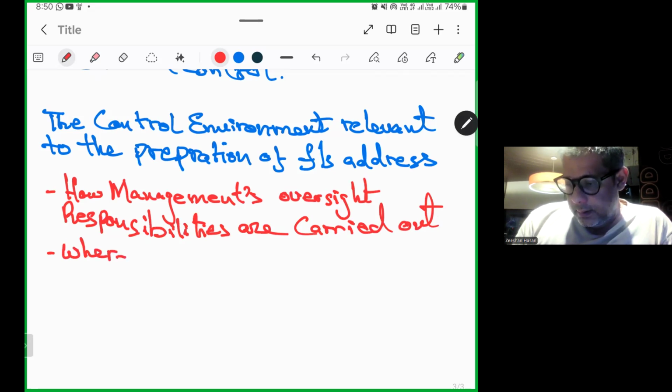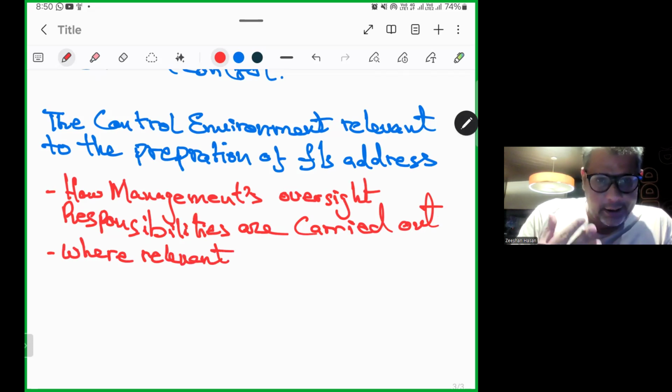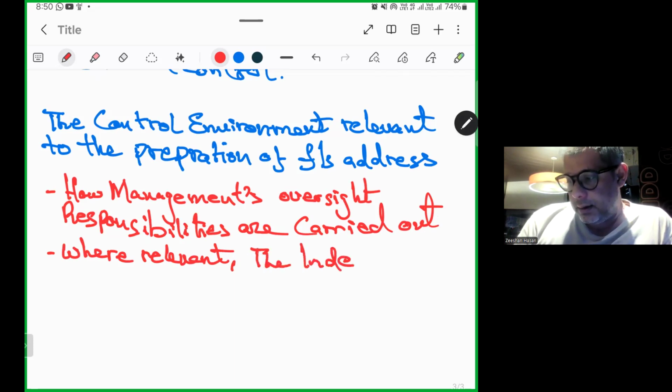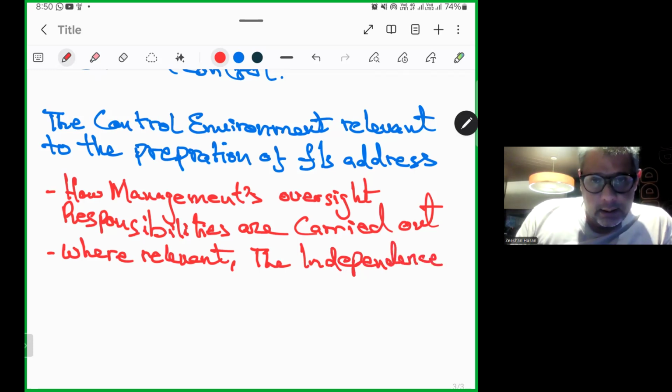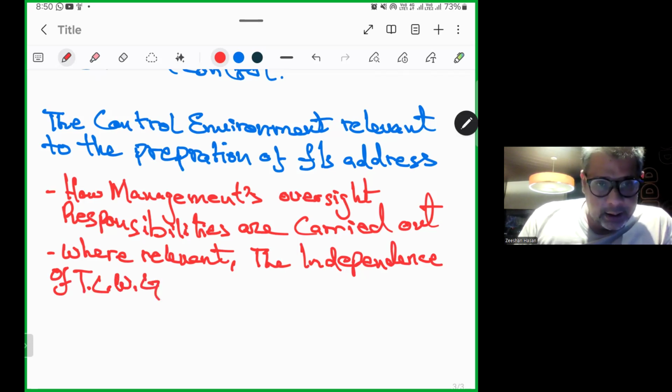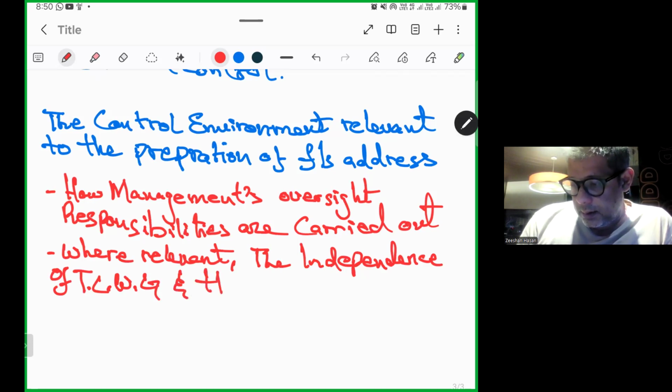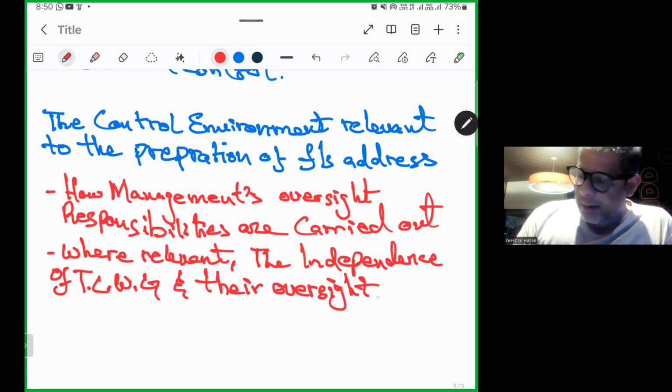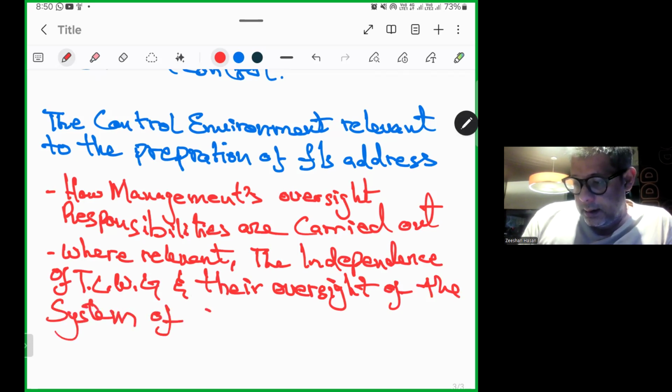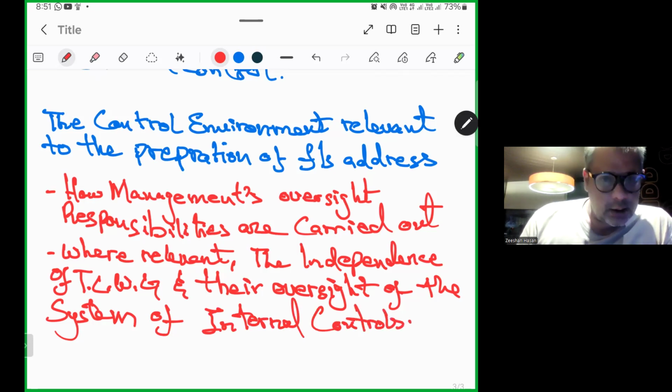Where relevant, that is when those charged with governance are separate from management, the independence of those charged with governance and their oversight of the system of internal control. The assignment of authority and responsibility.